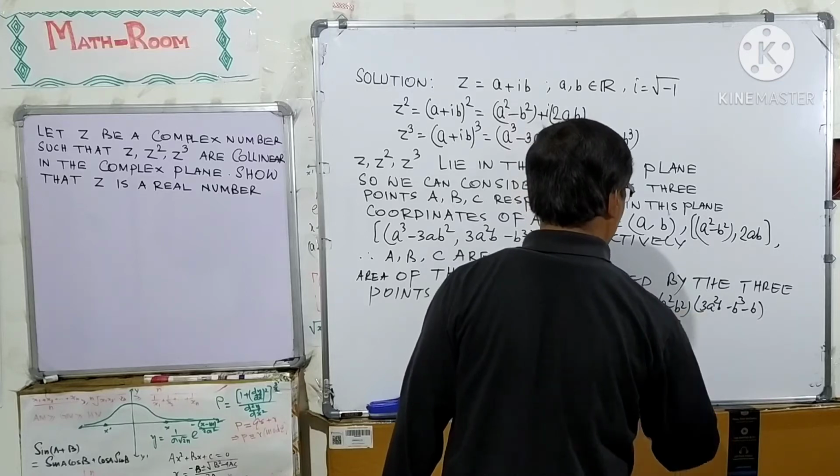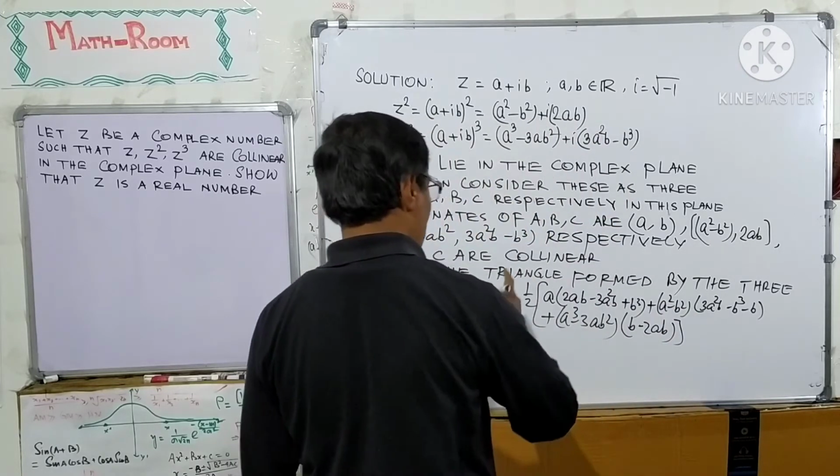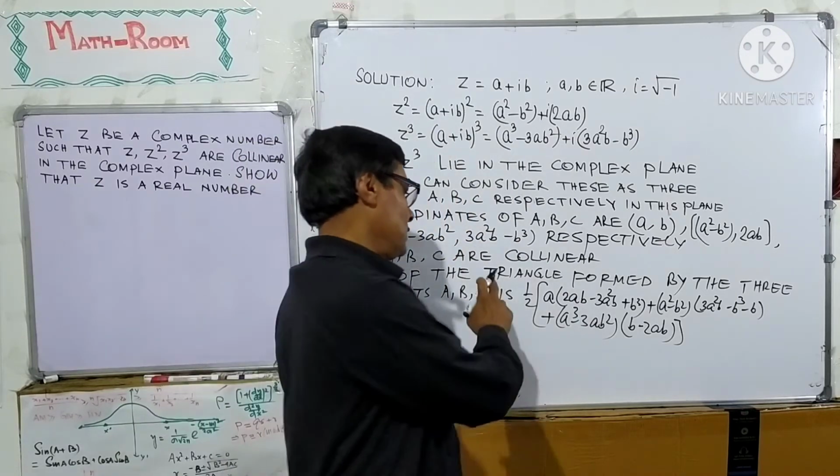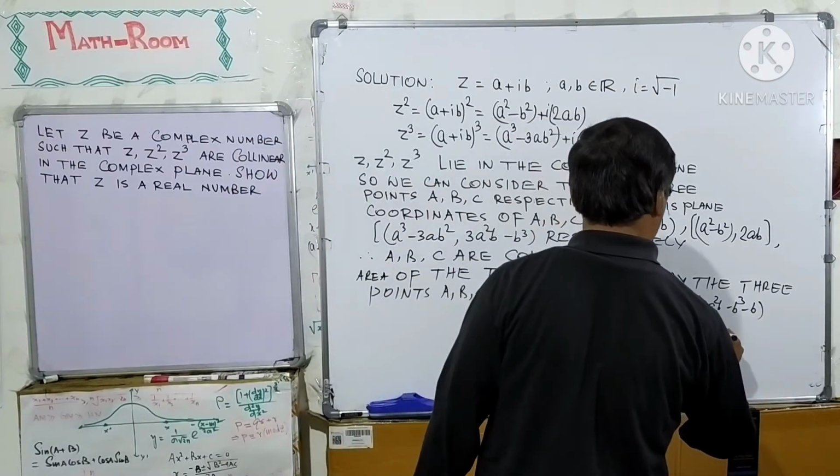This is the area of the triangle, and this area must be 0 because A, B, C are collinear.